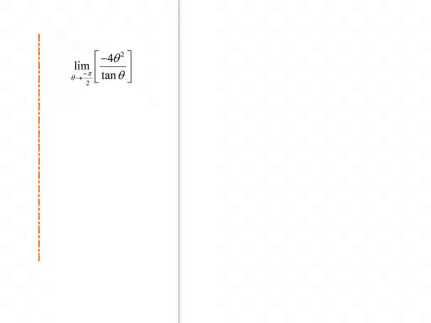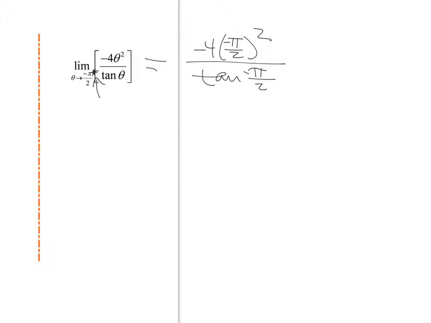I would like to first of all ask you to please change this problem to be from the right, just so that we don't have to talk about both sides. So we're changing that limit to be from the right with a little plus sign there. If we first substitute in, we get negative 4 over negative pi over 2 squared, all over tangent of negative pi over 2.